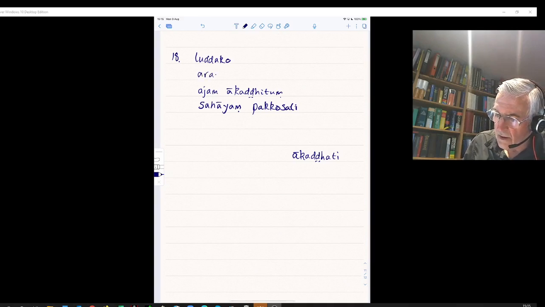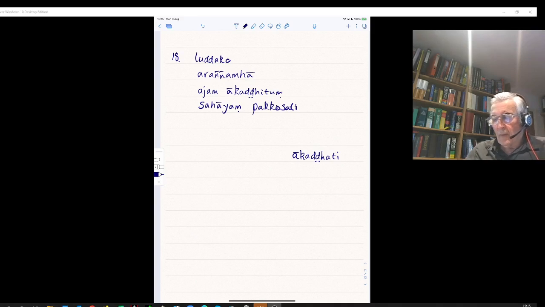Let's put aranyamha. So the full sentence then reads, Luddako aranyamha ajam akadhitum sahayam pakosati. And again, Luddako aranyamha ajam akadhitum sahayam pakosati.